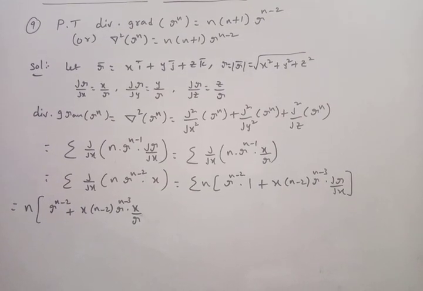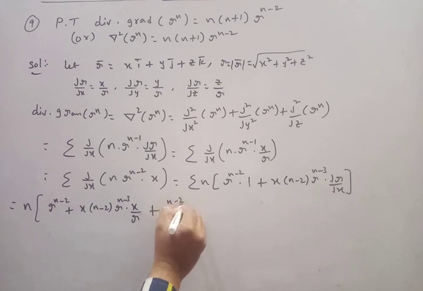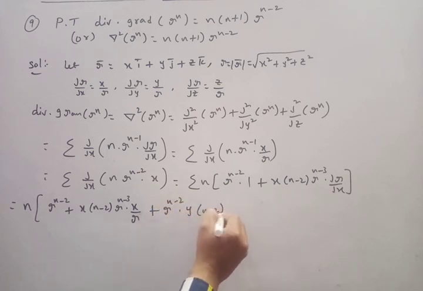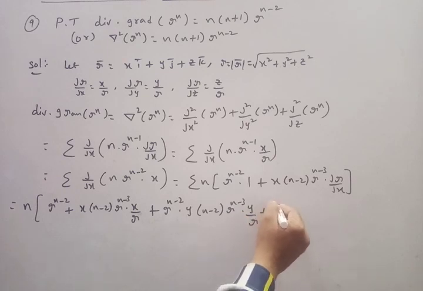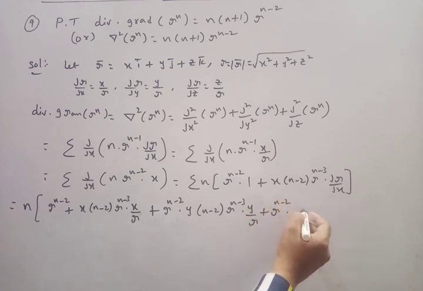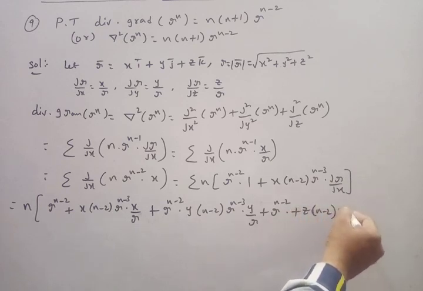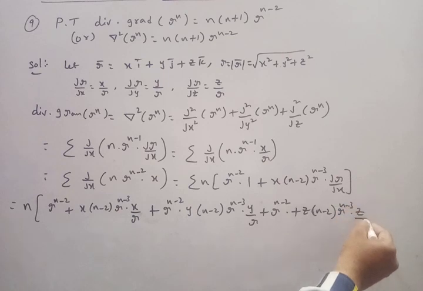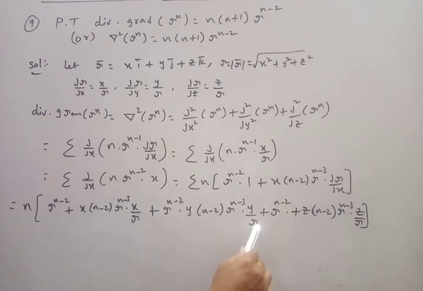Now similarly we get the y and z terms: plus r power n minus 2 plus y into n minus 2 r power n minus 3 y by r, plus r power n minus 2 plus z into n minus 2 r power n minus 3 dou r by dou z, which is what? z by r.